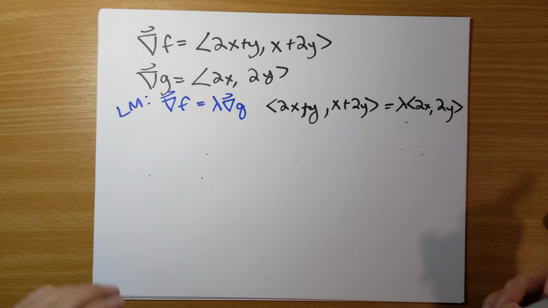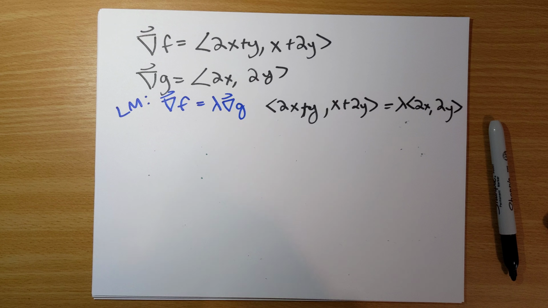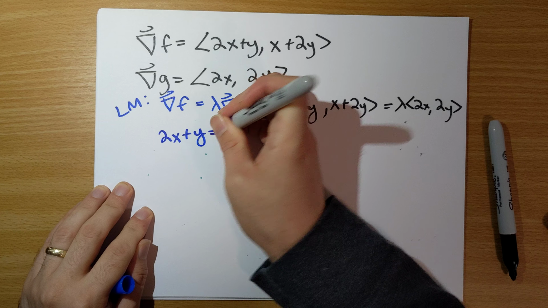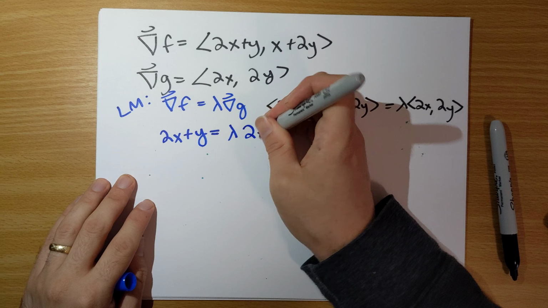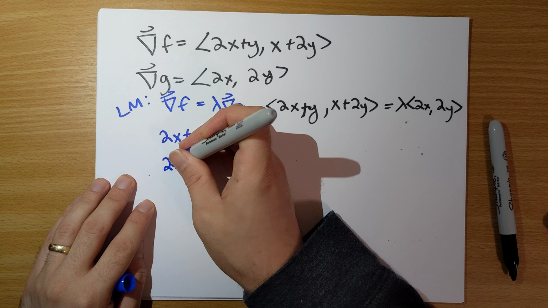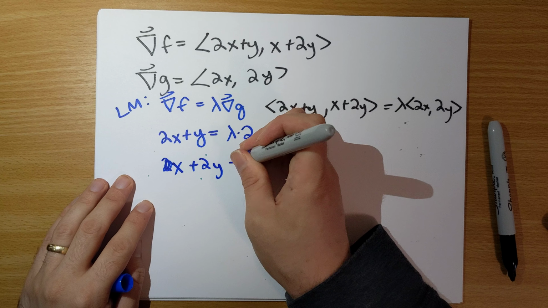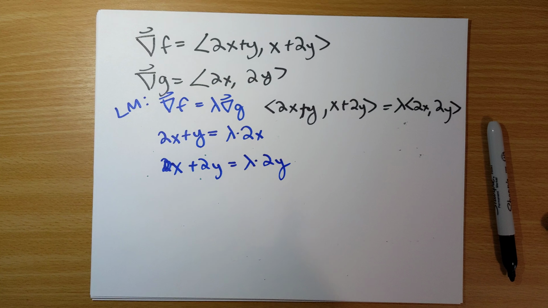Okay, really I should be separating this out into two equations because it'll be hard to make headway without that. So 2x + y = lambda times 2x, and x + 2y = lambda times 2y.